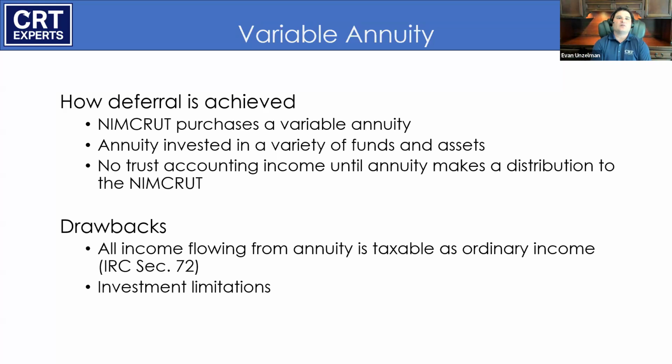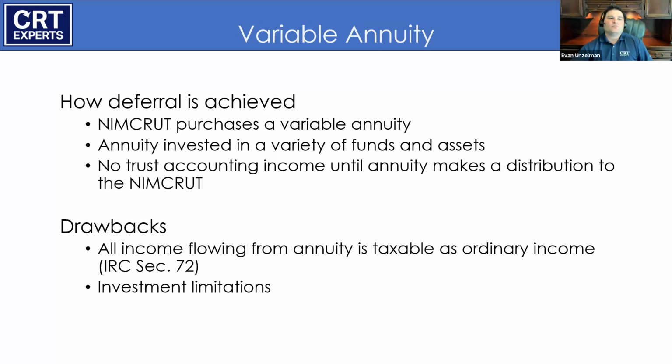But the general idea is to invest the CRT in a variable annuity. That annuity grows over time, and as cash or distributions are desired, the annuity can make cash distributions to the NIMCRUT. That works just fine. The drawback, of course, of an annuity is that all the income flowing from the annuity is taxable as ordinary income. So you can build up a lot of growth and deferred gain there that the beneficiaries can take, but it's all going to be ordinary income.